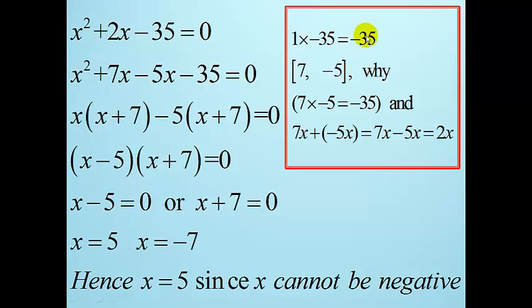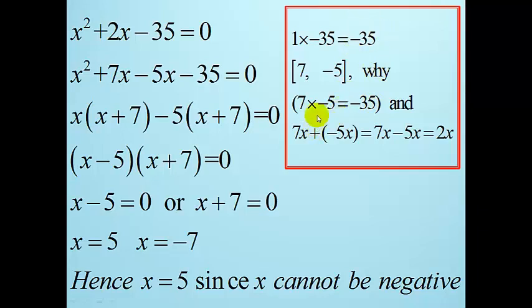Now we search for two numbers. When we multiply, we get minus 35, but when we add, we get the coefficient of x, that is 2. Now, choosing 7 and minus 5. Why are we choosing 7 and minus 5? Because if you multiply 7 by minus 5, the answer is minus 35.